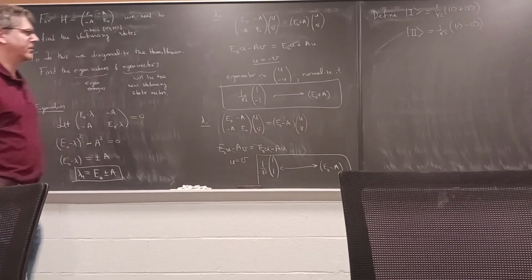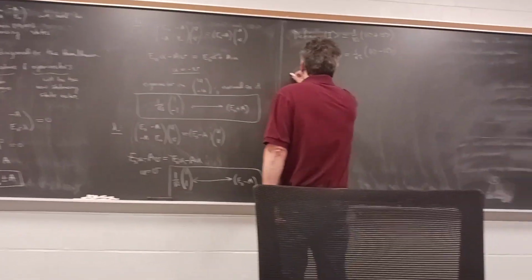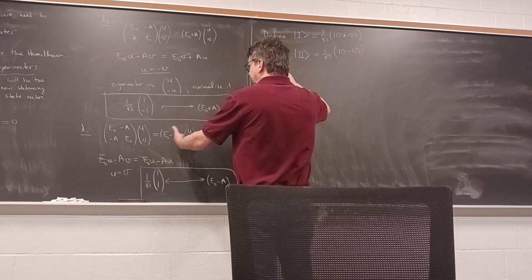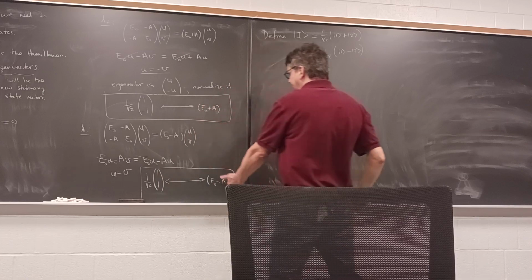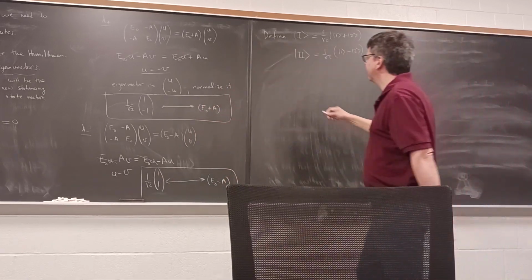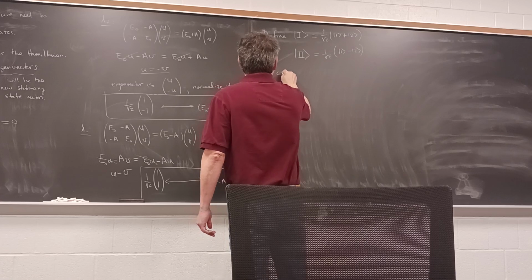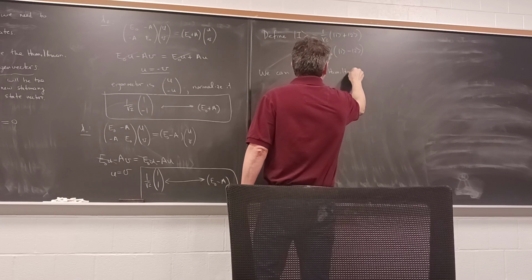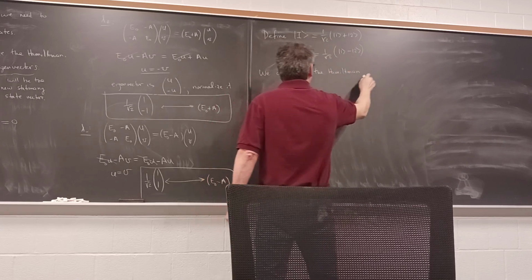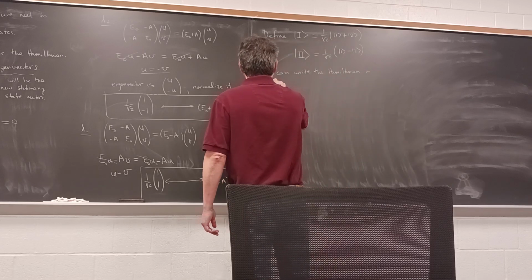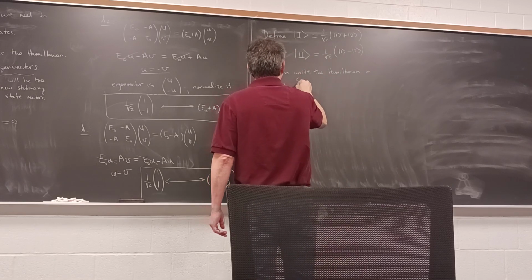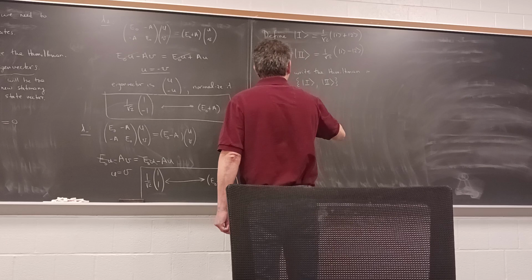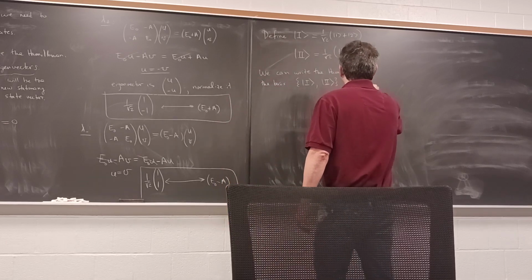That's the basis that the Hamiltonian is written in. So now, what we just found was that there are eigenvectors and eigenvalues, and that means we can write the Hamiltonian in the basis capital 1 and capital 2, or Roman 1 and Roman 2, and it will be diagonal.